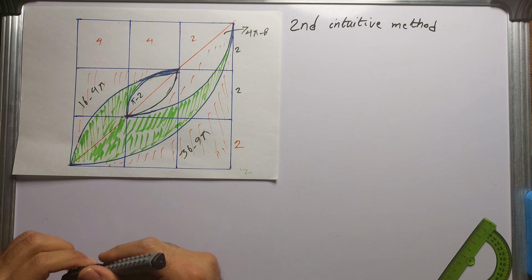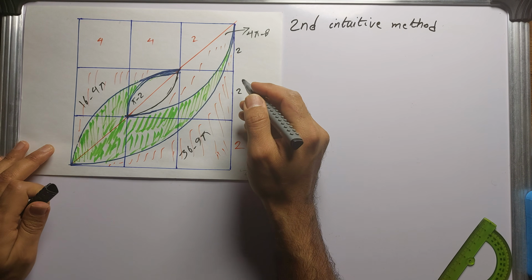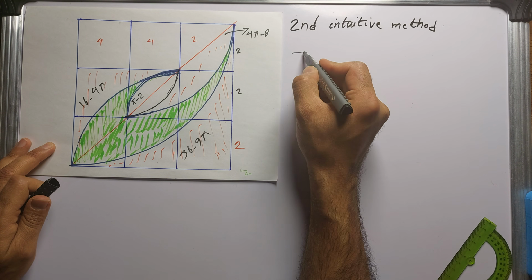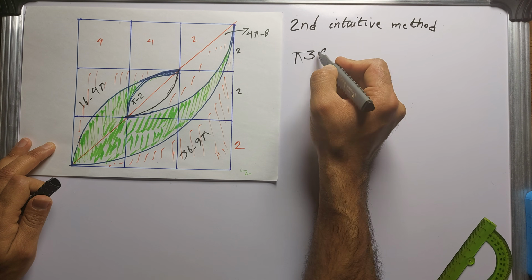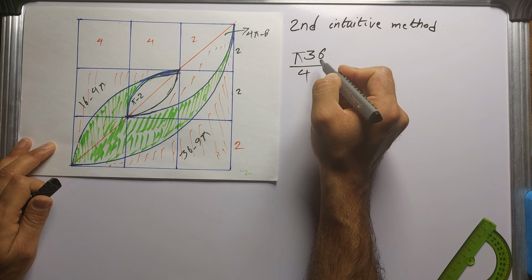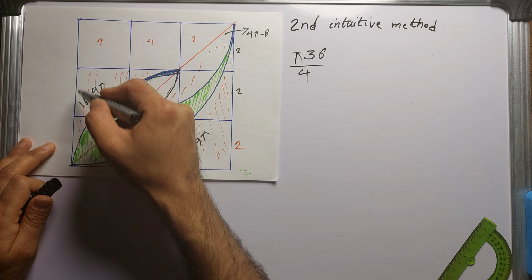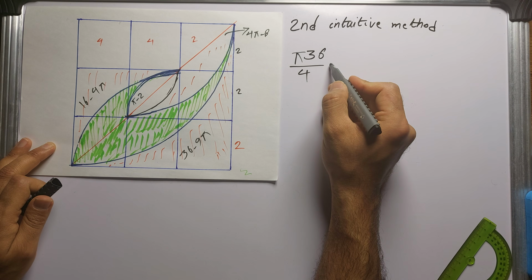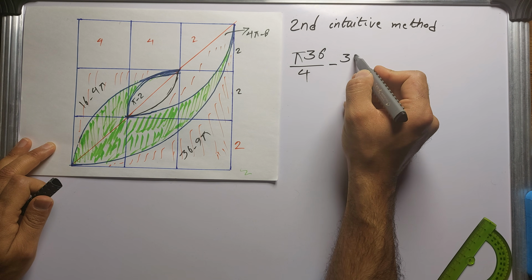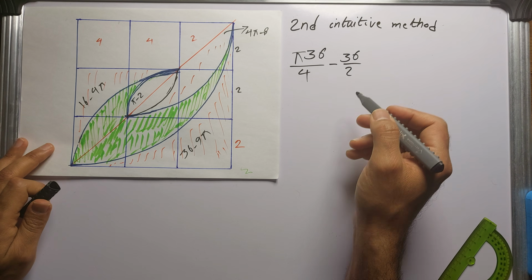The area of this segment is the area of this big quarter circle, which is pi r squared. R is 6, squared, 36 over 4, which is 9 pi, minus the area of this right angle isosceles triangle, which is 6 times 6, 36 over 2, so that's 18.